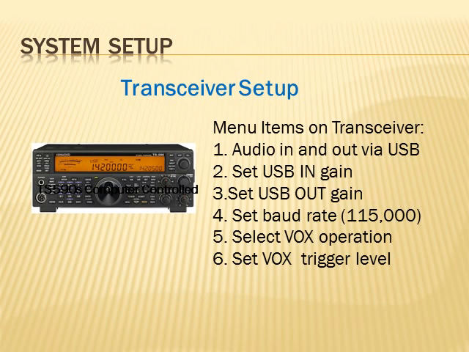The baud rate needs to be set, and you can select either Vox operation or manual operation. If you do use the Vox, then you need to set the Vox trigger level for the proper audio levels coming in to the transceiver.